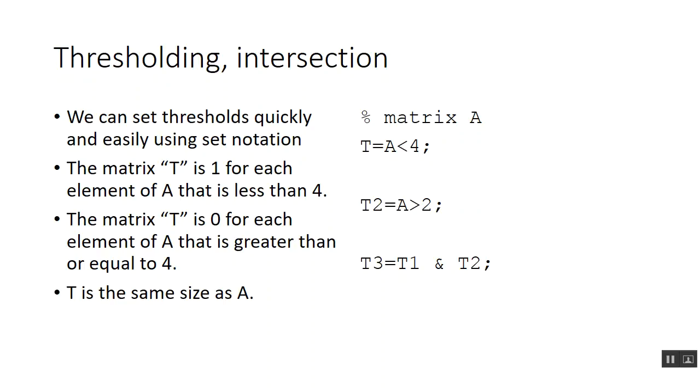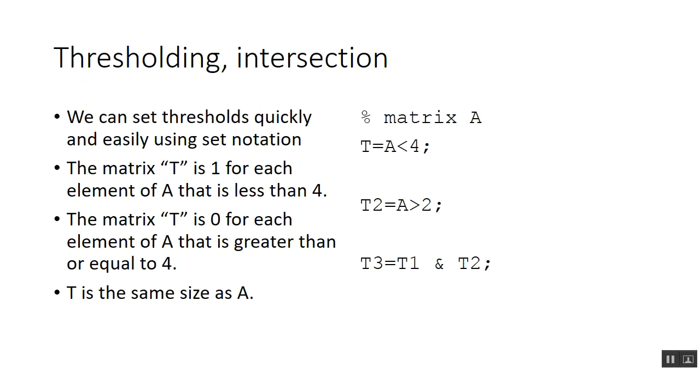Maybe there's another threshold T2 that says, give me all the A's that are greater than 2. And then here on T3 we get to use this element-wise relation and see what's both in T1 and T2.